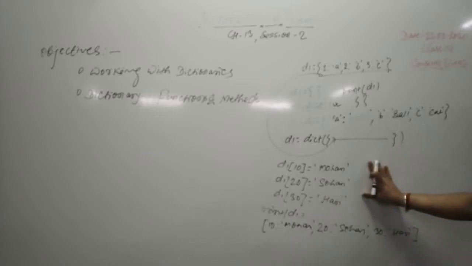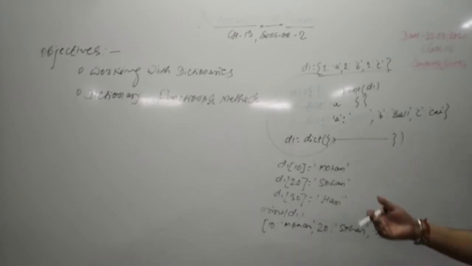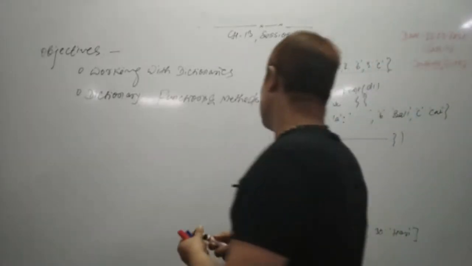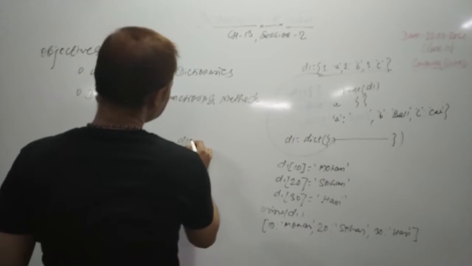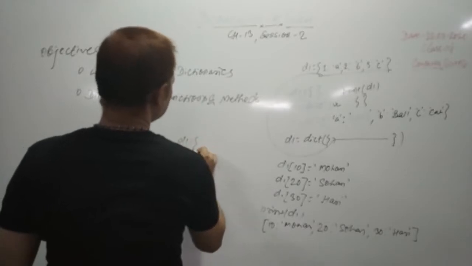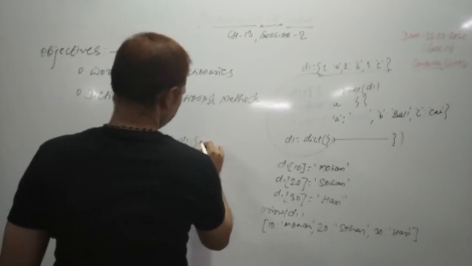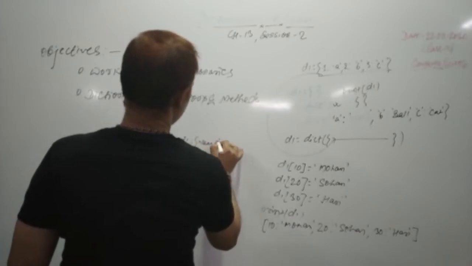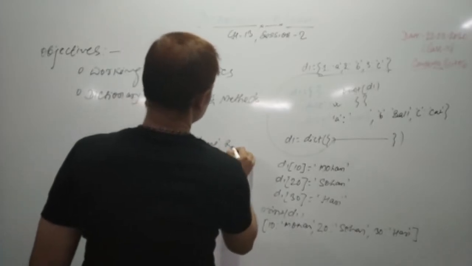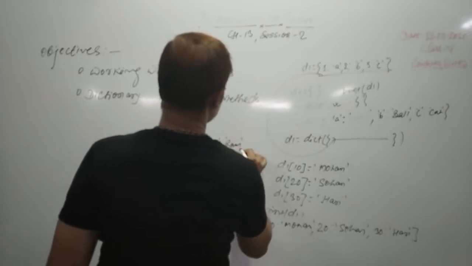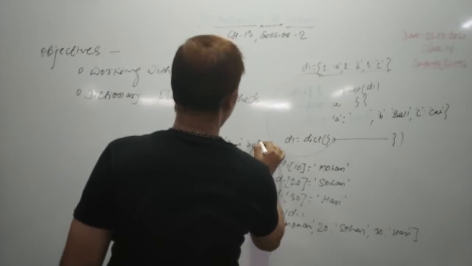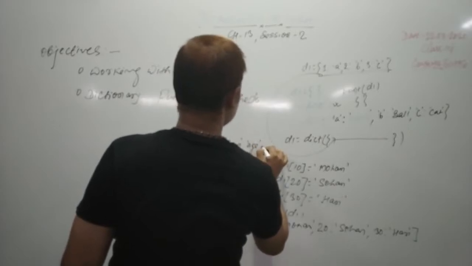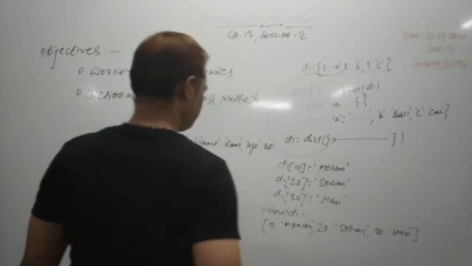Now adding an element is fine. Suppose a dictionary already exists, D1, which has certain elements. For example, I have name colon Ram, and then a comma, age, and then 20.